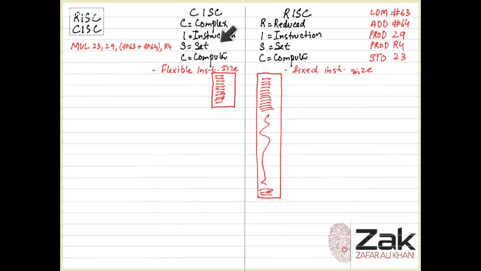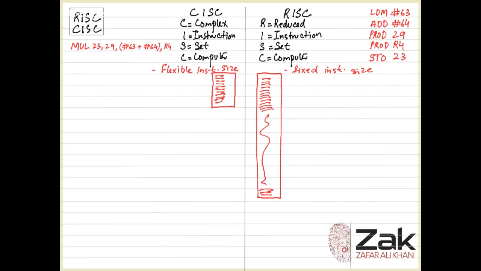Complex instruction set computer is unlike what you have learned in von Neumann architecture and assembly language last year. So if it is reduced instruction set code, it means that we have to write many instructions to get this job done. Whereas in complex, we would have to write fewer instructions.